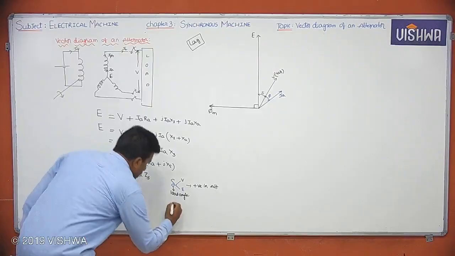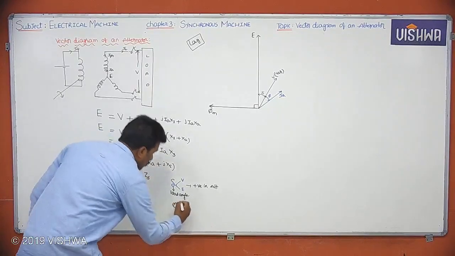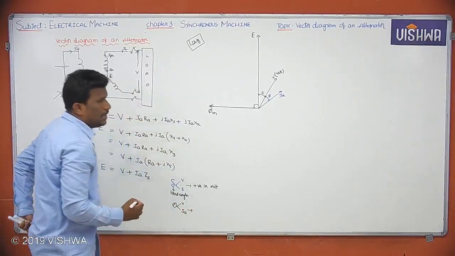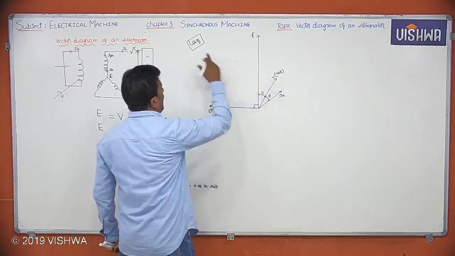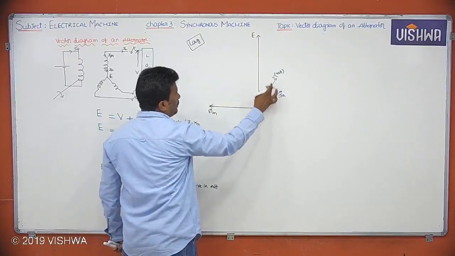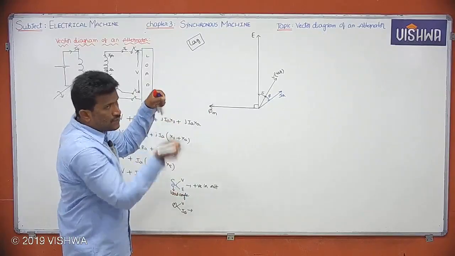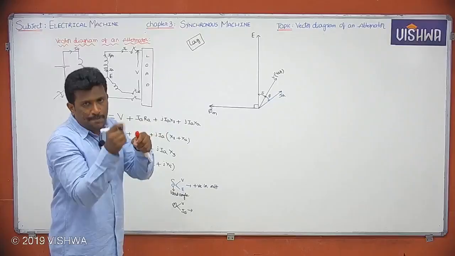And what about phi? Phi is the angle between V and IA. Observe clearly, guys. Here V is reference. I'm explaining lag loads, right? Therefore, IA lags V by an angle of phi. Since IA is lagging the reference vector V, for lag loads you should take minus phi.